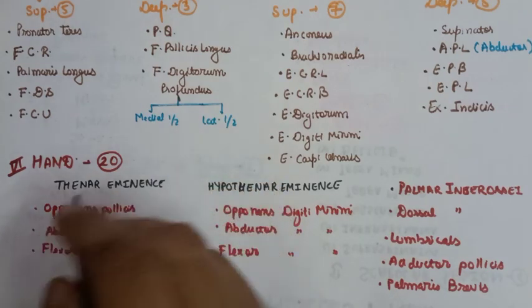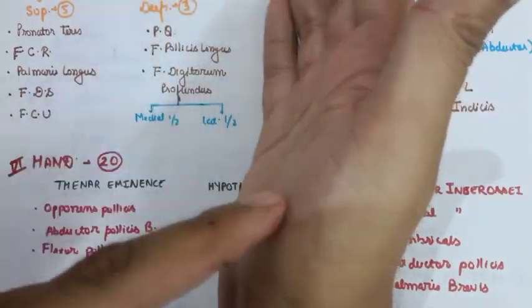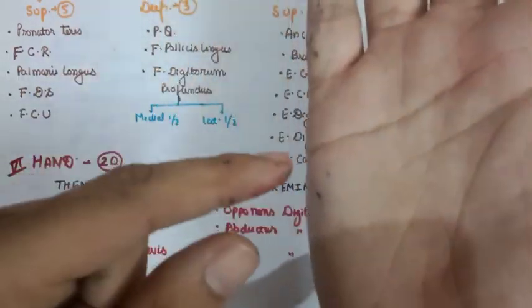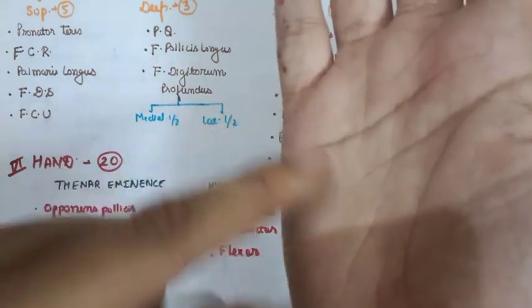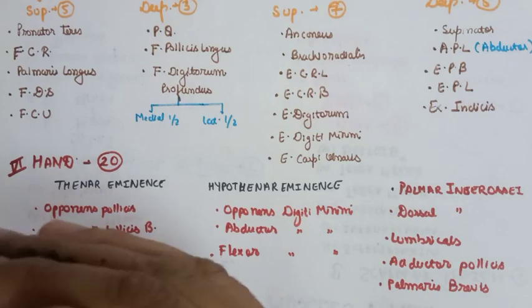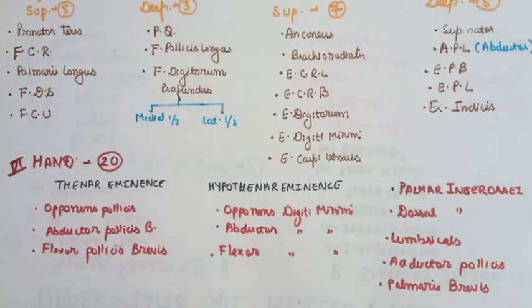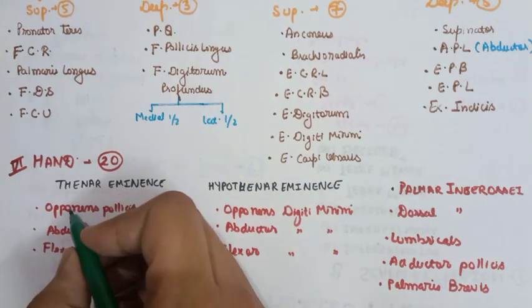So we can divide the muscles of the hand into different regions. This bump over here that you can see is called the thenar eminence, and the bump near the little finger is called the hypothenar eminence. Okay, in the thenar eminence and the hypothenar eminence, three muscles each are involved, and their names are also similar.